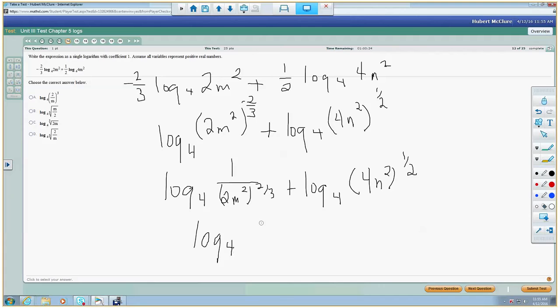All right, what are you going to do? What's this right here? That plus. What does that plus tell you? Product rule. So you can mash these two together, and since this one is over 1 and this one is under 1, what can you do? Slide, exactly, right vertical. So that'd be 4n squared to the 1/2 over 2m squared to the 2/3.